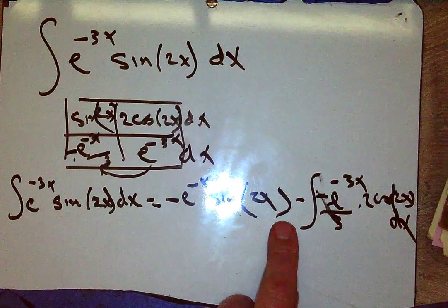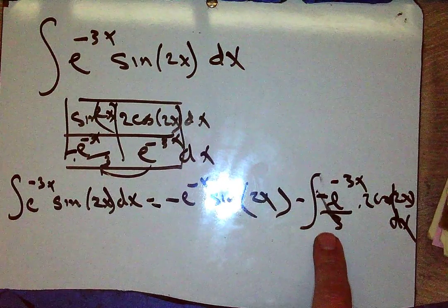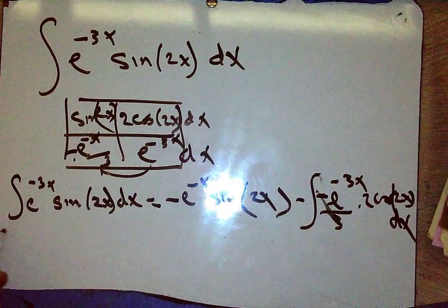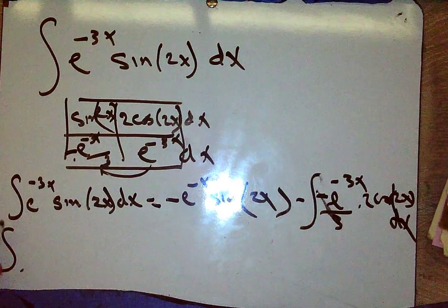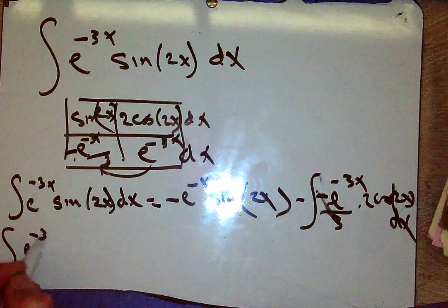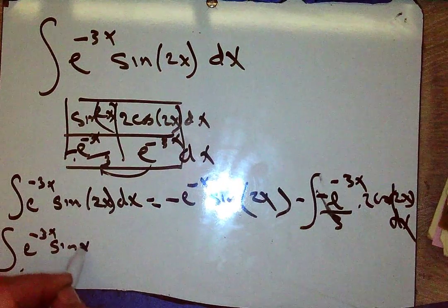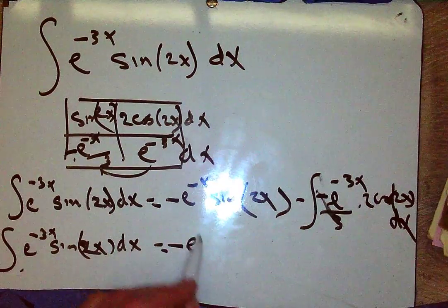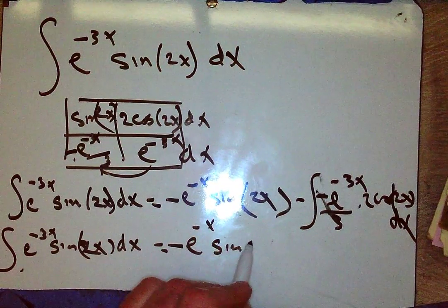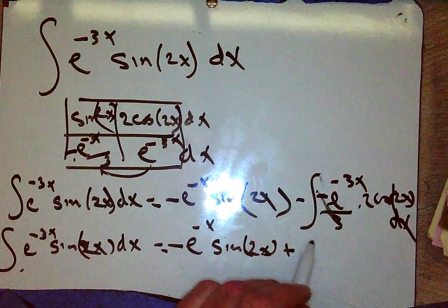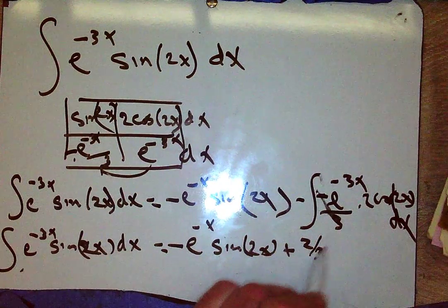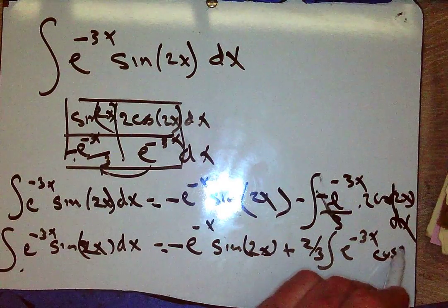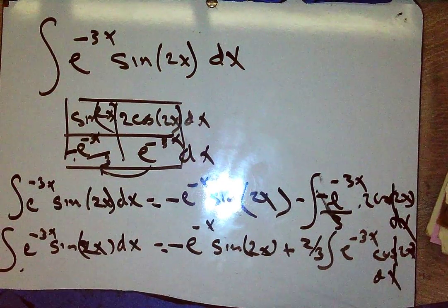Now there are a bunch of constants here, so let's pull that out and make this a little tighter, and maybe a negative times a negative for a positive. So I'm looking at the integral of e to the minus 3x sine 2x dx equals negative e to the minus 3x over 3 sine 2x plus 2/3 times the integral of e to the minus 3x cosine 2x dx.